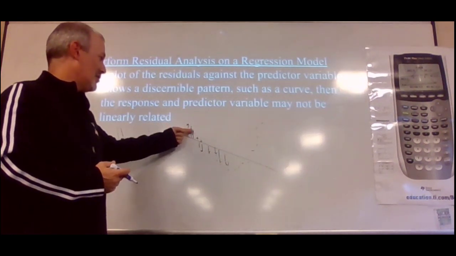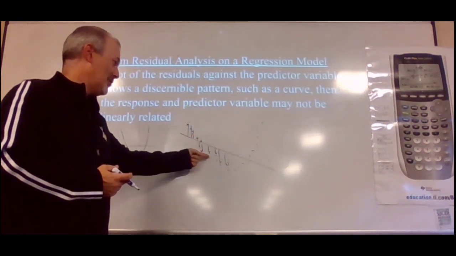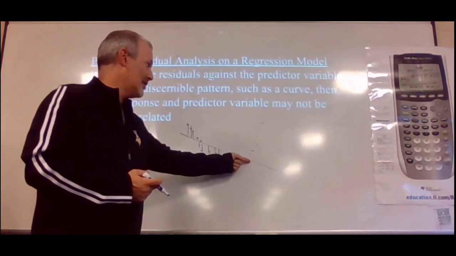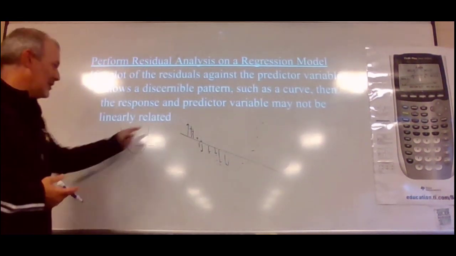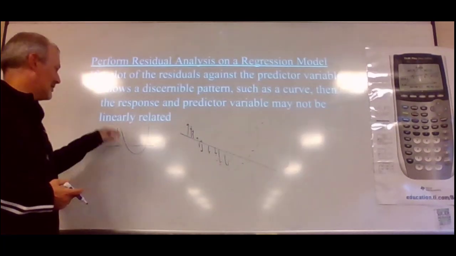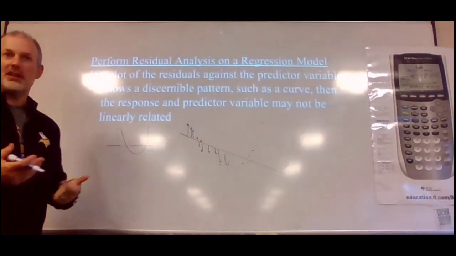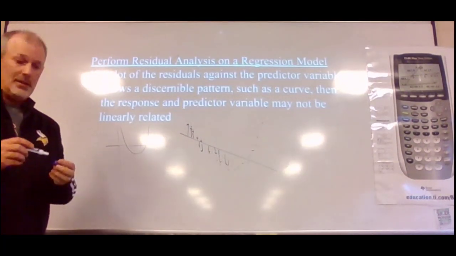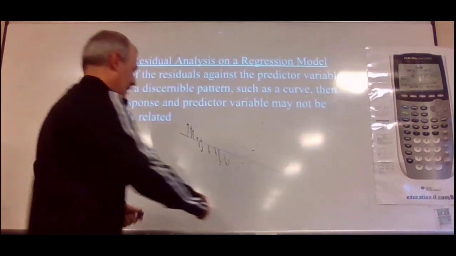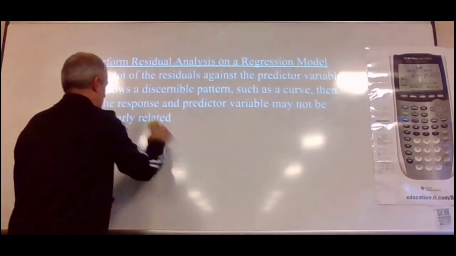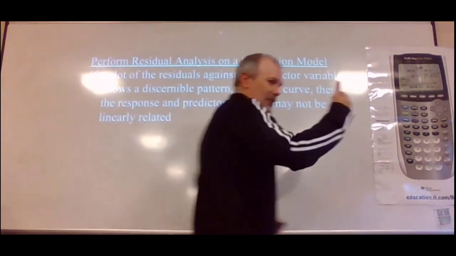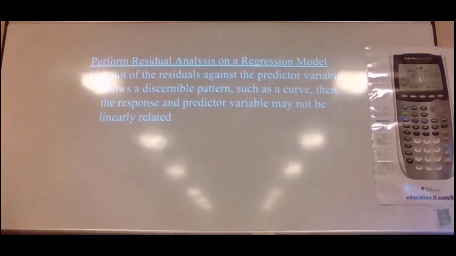Large positive numbers, smaller, smaller, smaller, like 0, and then negative numbers, bigger, bigger, bigger, and then closer to 0, and then bigger, bigger, positive. So when you see this sort of a pattern with your residuals, the line is not a good fit for the data. Okay, so that's what the residual is going to help us figure out. Those two things: if you've got outliers, or if you've got a good fit for your data with the line that you're looking at.